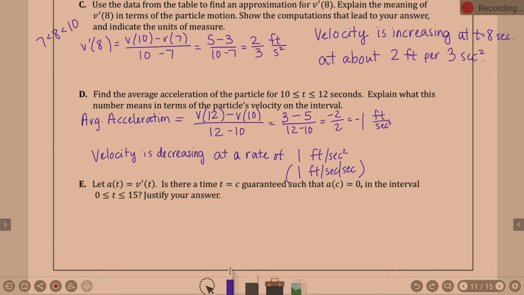Are they just asking if it ever reaches a point where acceleration is 0? Yes. Is acceleration at 0 like cruise control? Yes.